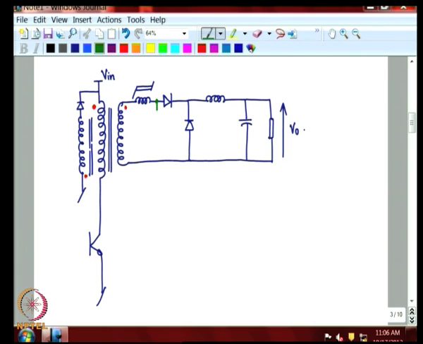Now, at this point, let us inject current in this fashion. Now, let us draw the current from the output in this fashion.